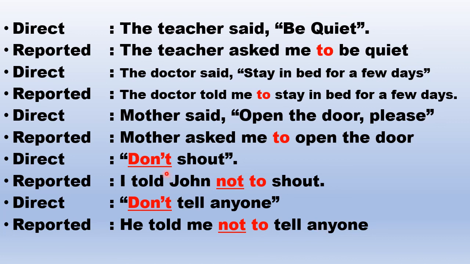As you can see here, the difference. Okay. When you request someone to do something or command someone to do something, we use the word to. But for the negative one, okay, don't, we use not to. Not only to, but we use also the word not.